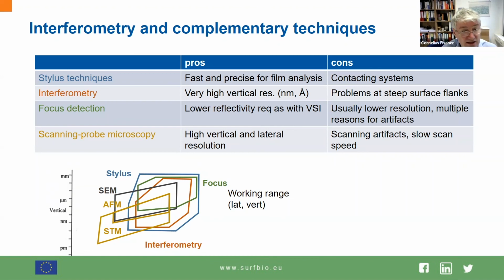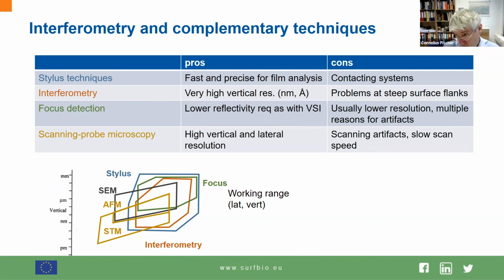But it's really fast, and VSI covers a large field of view. And with a large field of view and the pretty high surface resolution with respect to height, that's really important for a lot of applications. And it's very fast. That's always a point compared to the others.